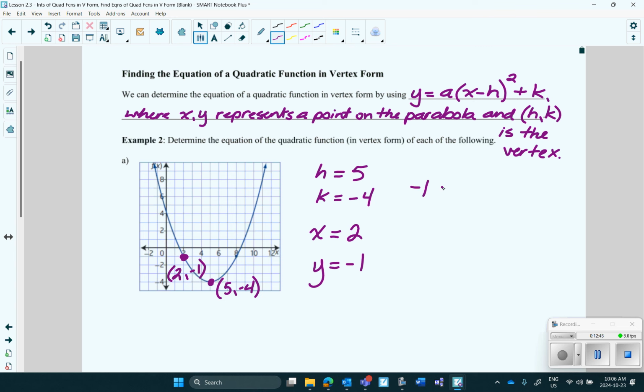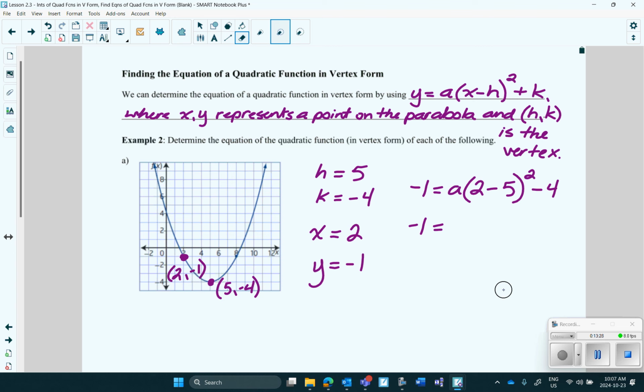So -1 equals a, which is what I'm trying to find, x, which is 2, minus h, which is 5, all squared, plus k, which is -4. So I've got an equation there to solve. Well, let's simplify this. 2 minus 5 squared, 9.